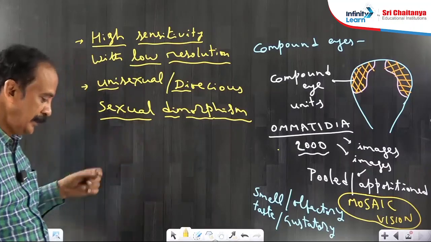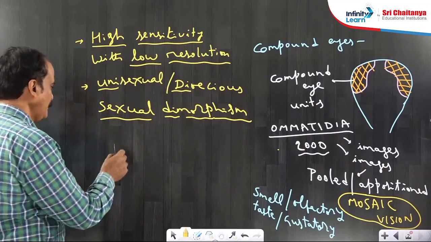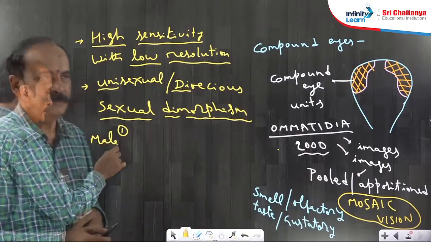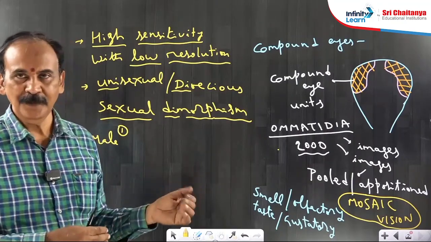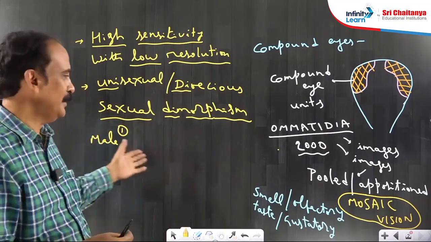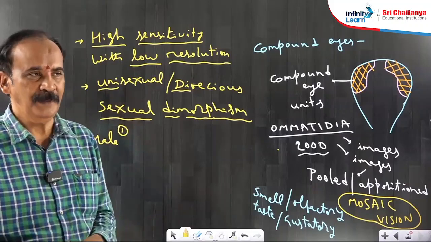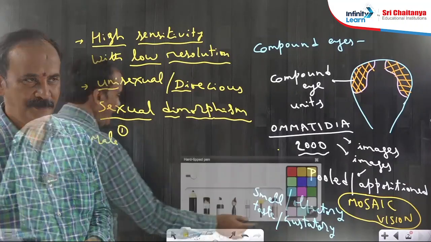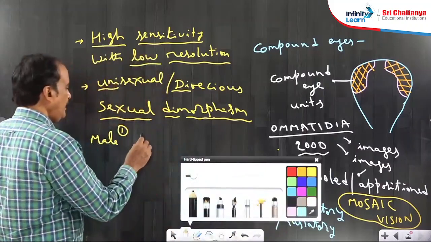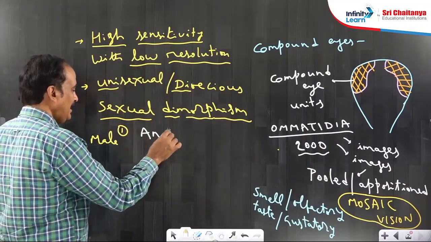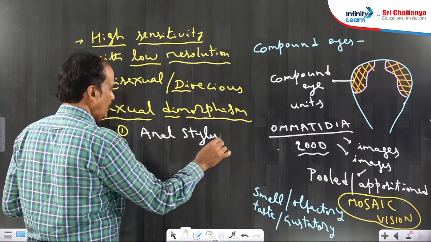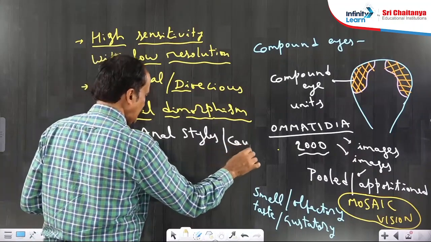So I told you in the morphology the differences. How can we identify a male cockroach? I told you in the morphology part of the lesson the characters that can distinguish a male from female. A male cockroach possesses a pair of anal styles. They are also called caudal styles.